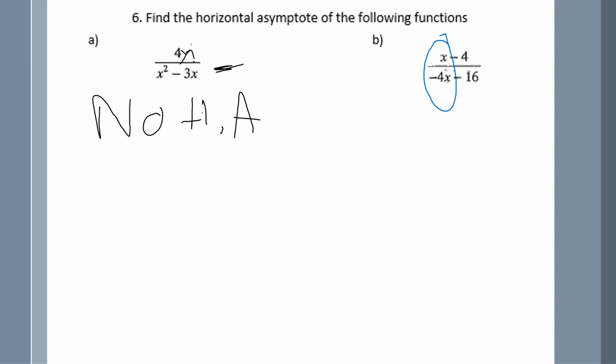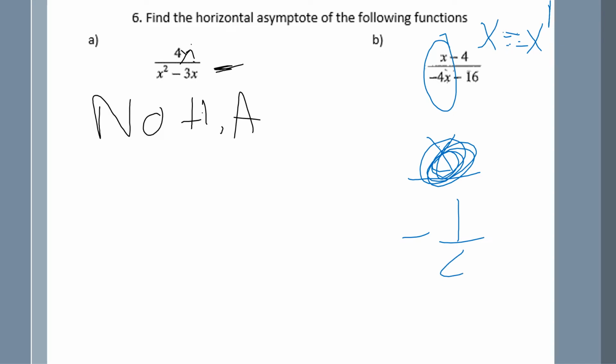And x is understood to be x to the first power. They both have the exponent of 1, so your answer should be negative 1/4 as your HA. That's what you have for B. Again, following those rules. So what if I have something that looks like this?